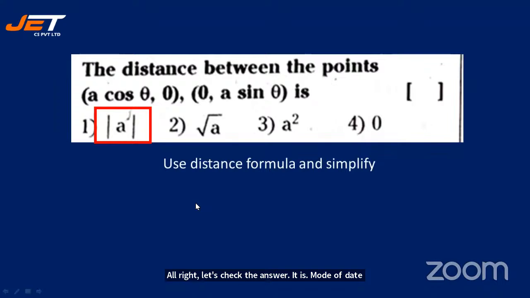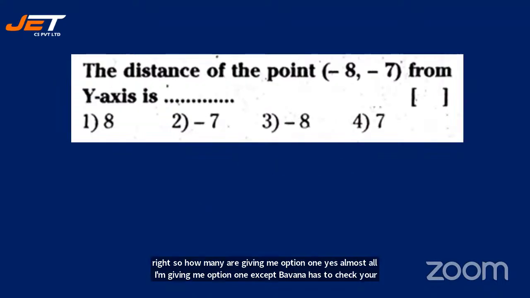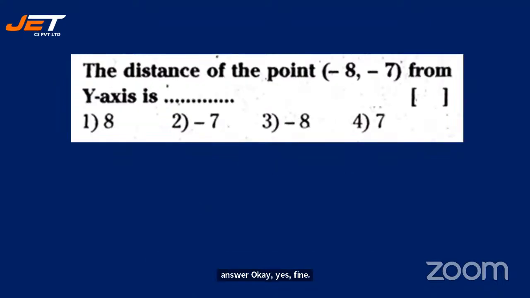See the next sum. You have to use the distance formula and simplify. The distance of the point minus 8, comma minus 7 from y-axis is dash. Yes, quickly think over it and give me the answer, so that we can move on to the next interesting questions.